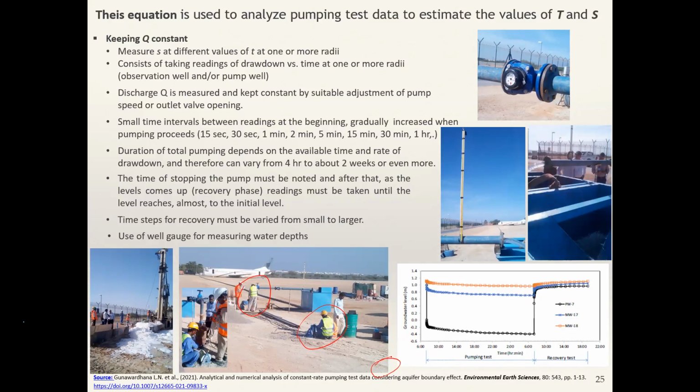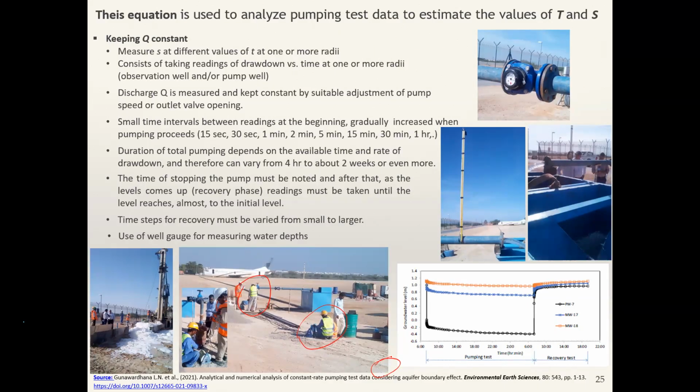So what we do: measure drawdown at different values of t, at one or more radii. Meaning that you take the drawdown as you pump the water out at different times. Normally this pumping test continues for a couple of days.